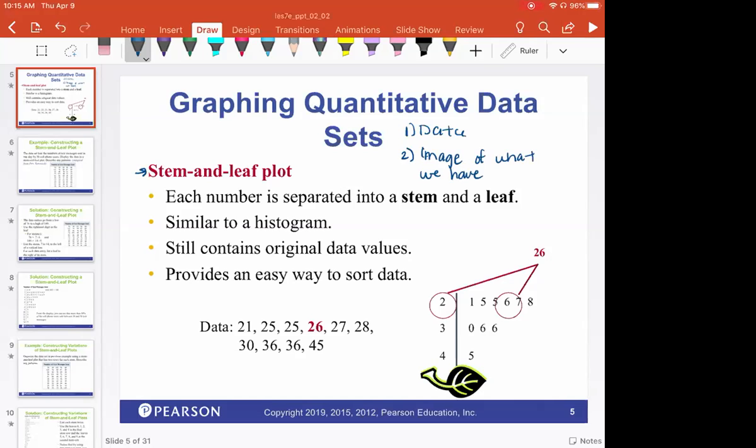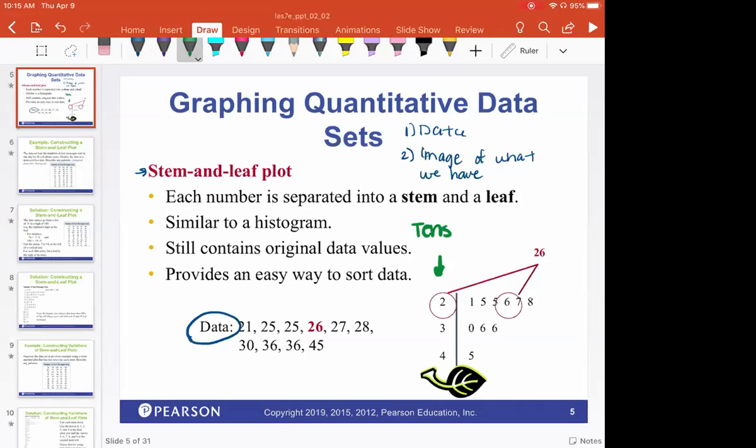So let's read your slide. Stem and leaf plot. Each number is separated into a stem and a leaf. Similar to a histogram, it still contains the original data and provides an easy way to sort data. So here it starts by giving you this data: 21, 25, 25, 26, 27, 28, 30, 36, 36, and 45. The way we can set them up, you can use any value you like. These are your tens values.